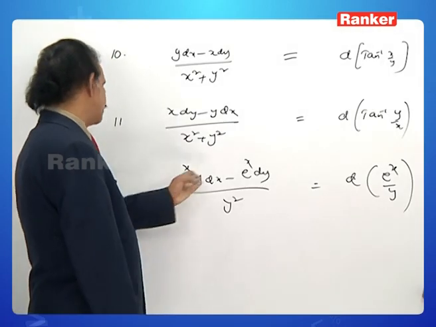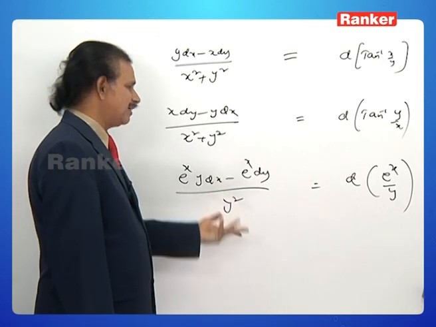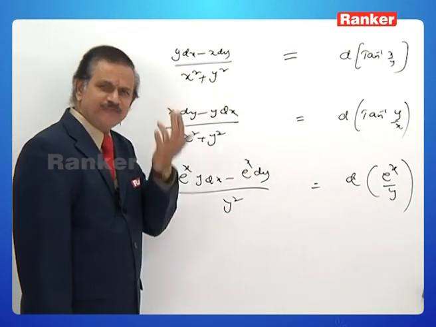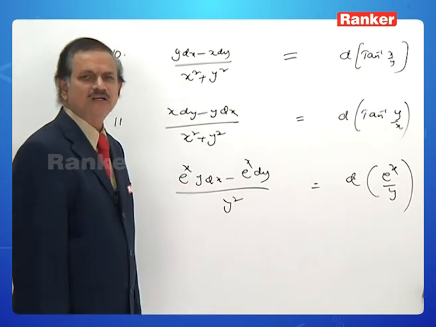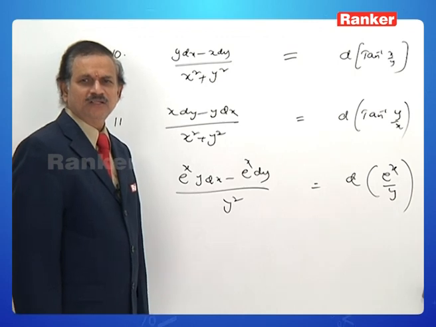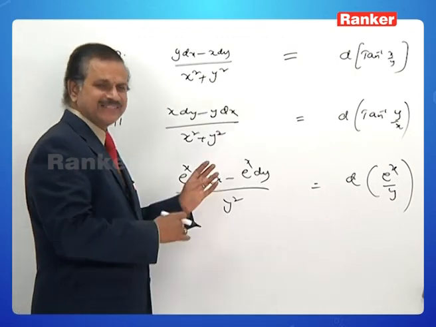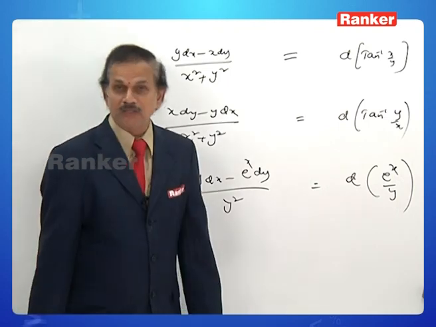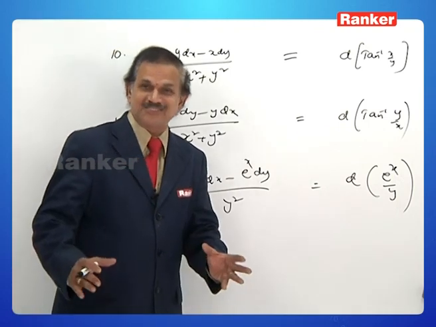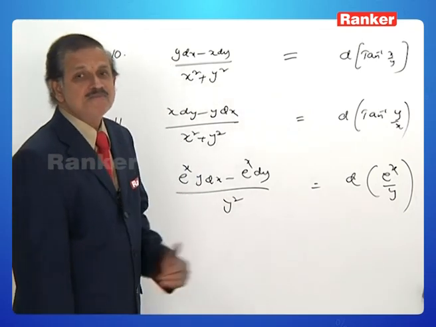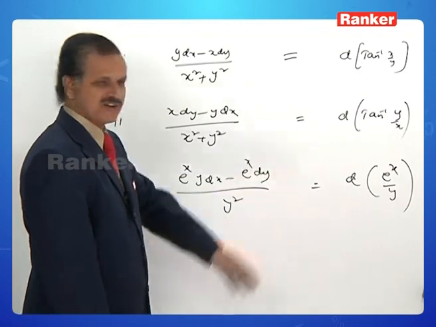So (y into e power x dx minus e power x into dy) by y square. Like that you can create as many as you like, as you want, as you enjoy, as you please. There is no question of any end to that. The only purpose of introducing them on the board is that you must be able to know the style of creating them. Thereby you can remember the original differentials.